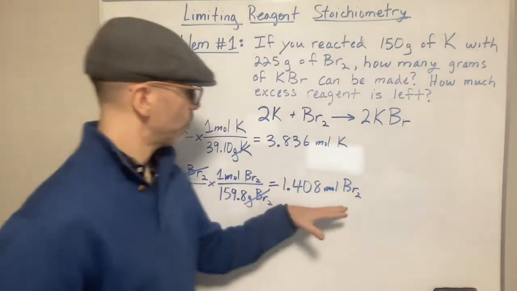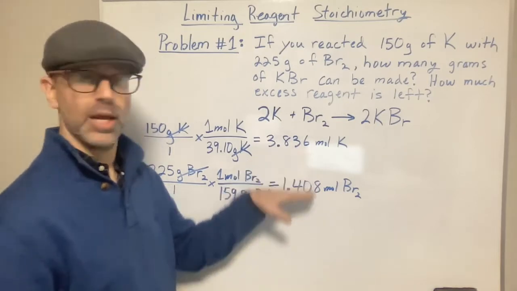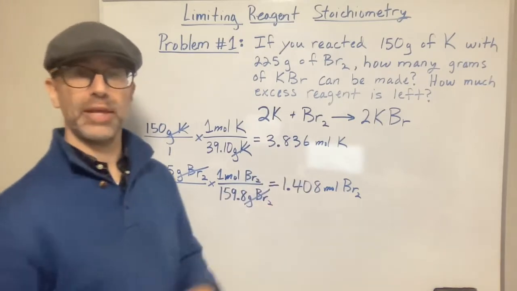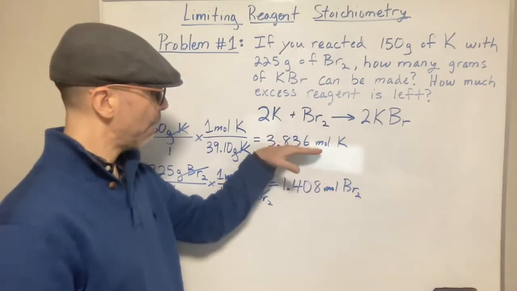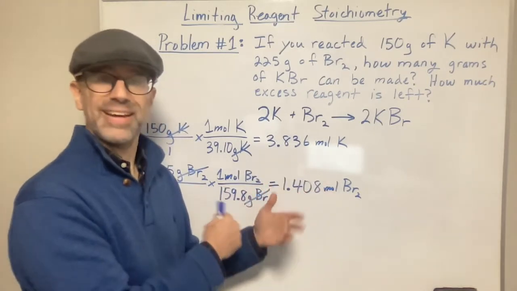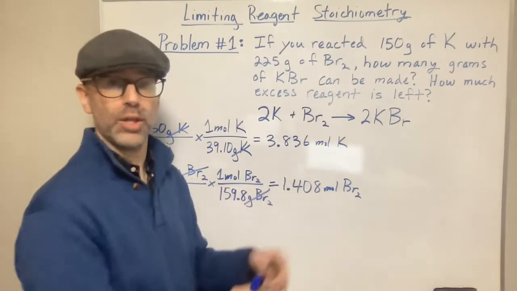All right, so now that I have the moles, I can go ahead and compare these two. The next step is to convert one of these amounts to the other and see if what you need is what you have.